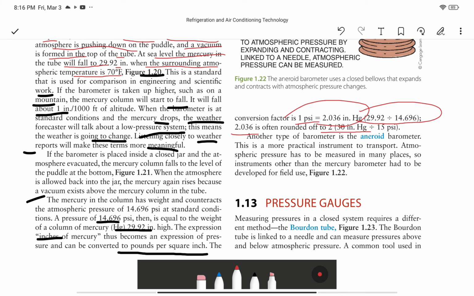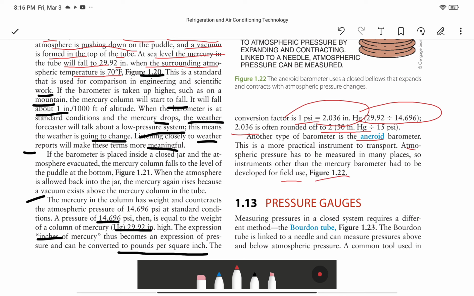Another type of barometer is the aneroid barometer. This is a more practical instrument to transport. Atmospheric pressure has to be measured in many places, so instruments other than the mercury barometer had to be developed for field use.